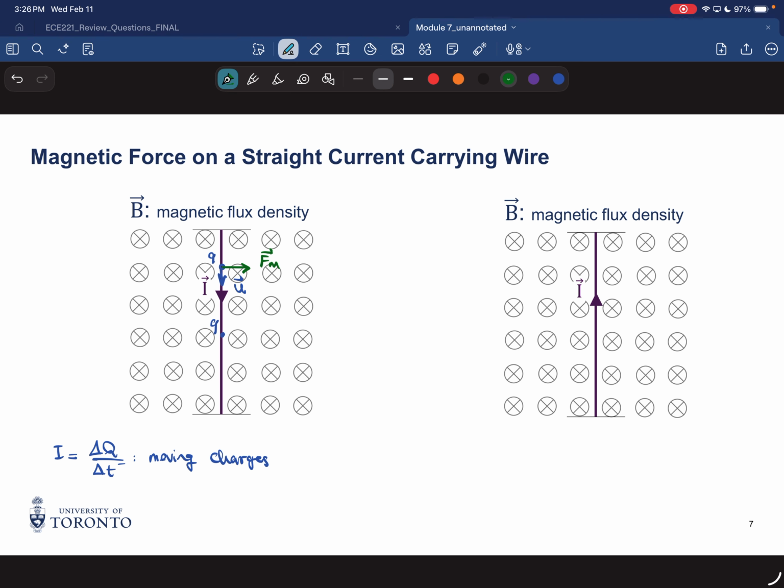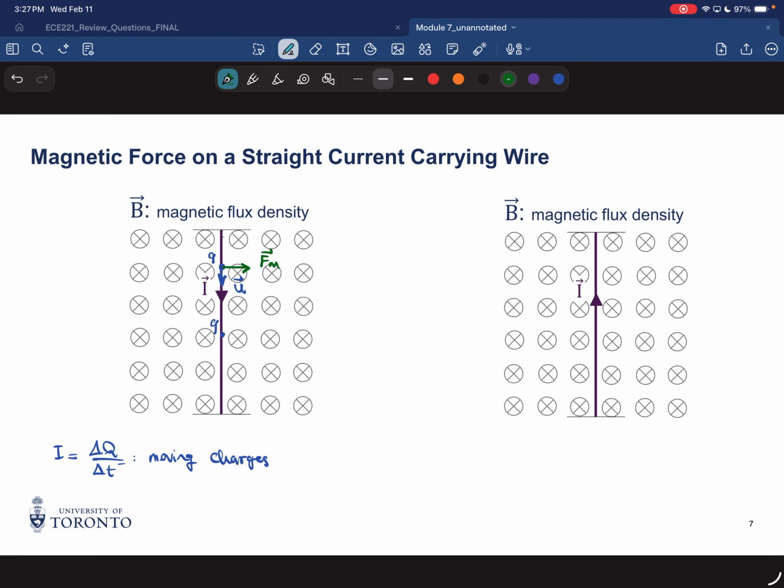So what happens if the 2 points of this current are fixed? Is it going to move the whole wire? They're fixed. I kept it fixed. Oh, it's going to stretch? Yeah, just like a little bump.